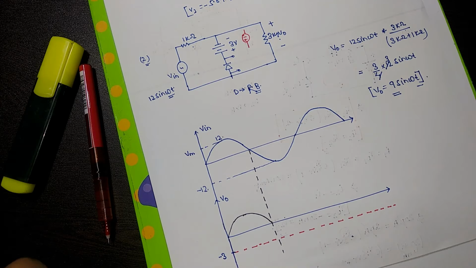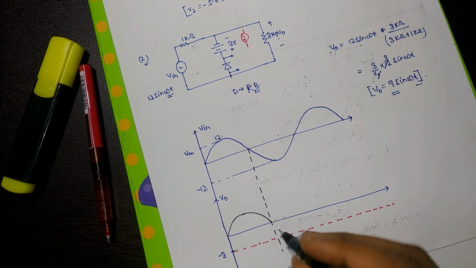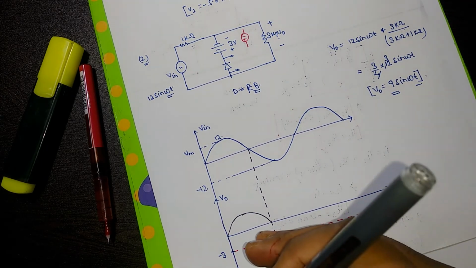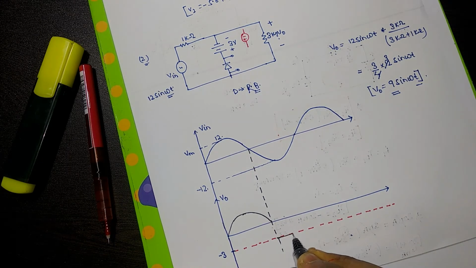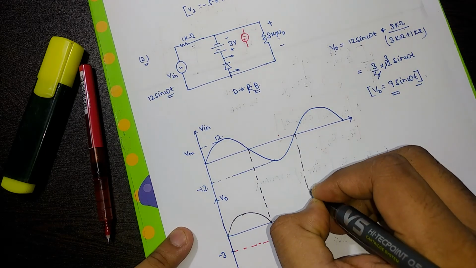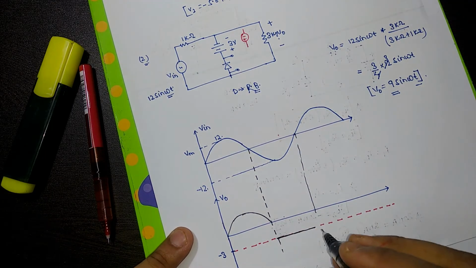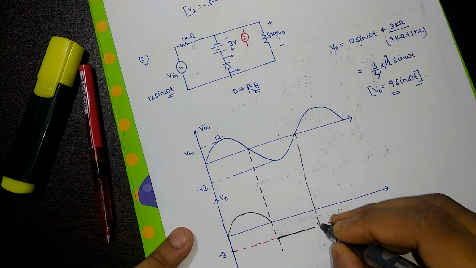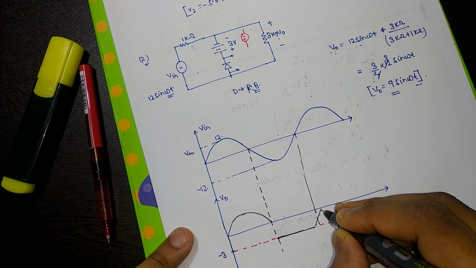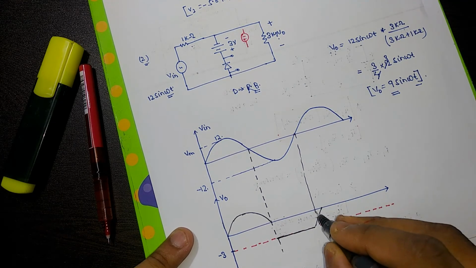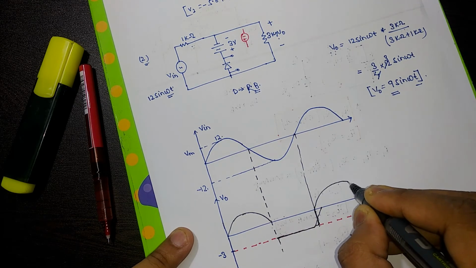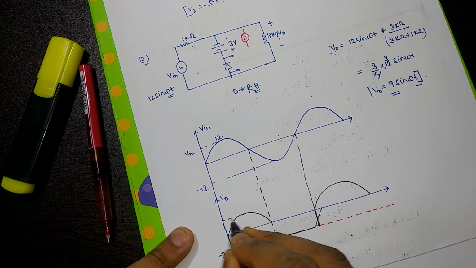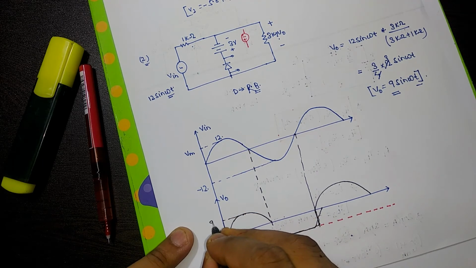So if the V output is less than -3, what will you get? You will get the clipped output, else you will get the same as Vm, for output voltage it will be 9 volt.